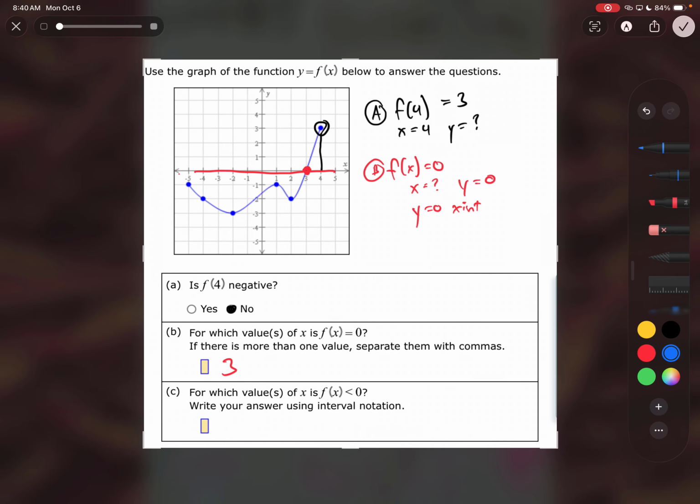Next one, for which values is f of x less than 0? What this is saying is when is the graph negative? When is the graph negative? Okay. So it is negative. Write your answer in interval notation. It is negative from -5 all the way until 3.